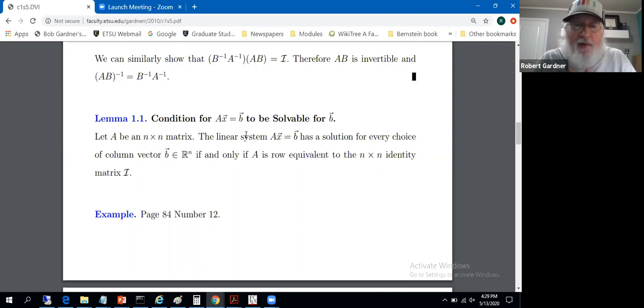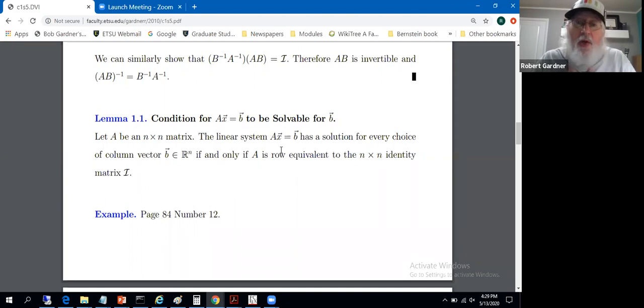I won't go through proof of this because that's sort of the thing we do. But if you'll think how you would solve this system of equations, we're looking for a solution every time. You'd be looking for a value of x sub 1, x sub 2, and so forth.